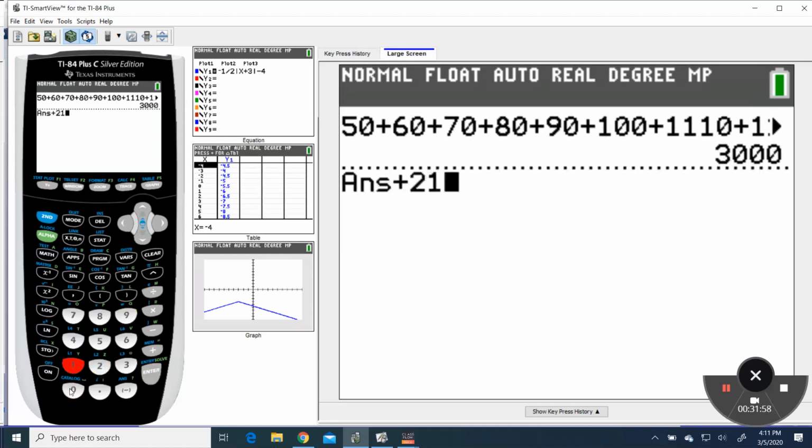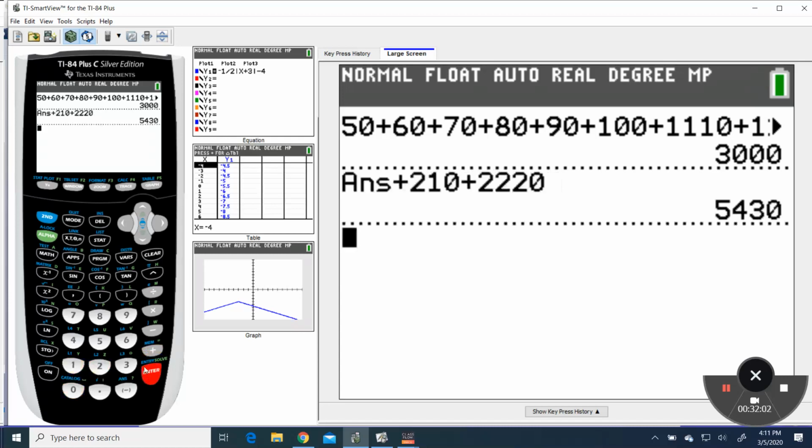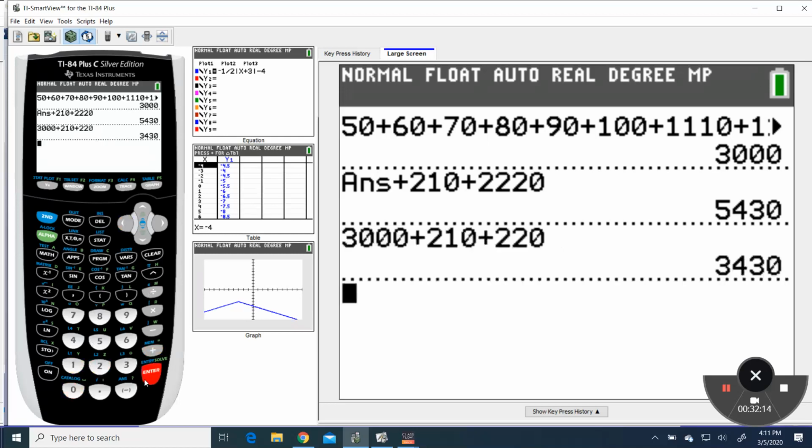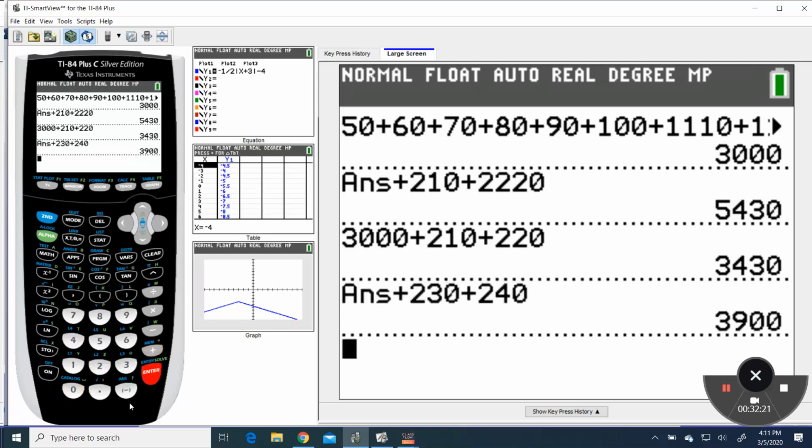So plus 210, plus 220. 3,000 plus 210 plus 220. 3,430 plus 230 plus 240. That's 3,900, so that gets me close.